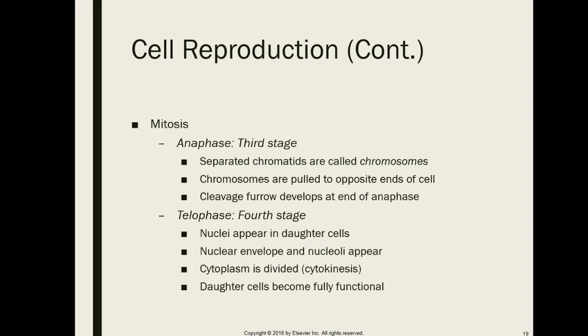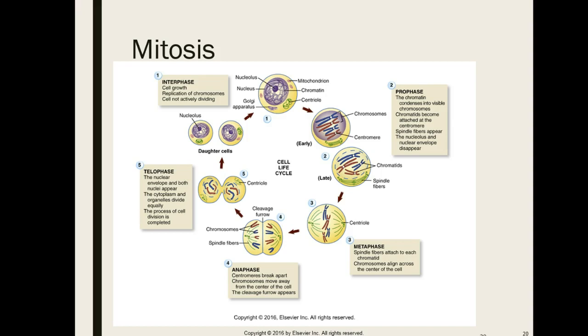So I, interphase, P, prophase, M, metaphase, A, anaphase, and T, telophase. Here's that diagram that's also found in your book, just giving you a visual of how the cell will look during those different processes.